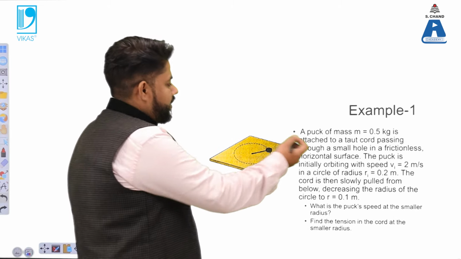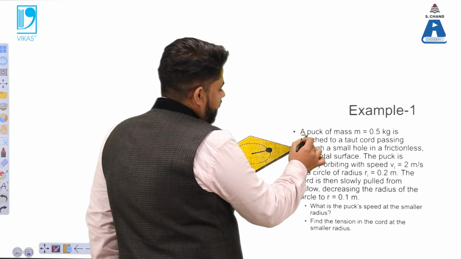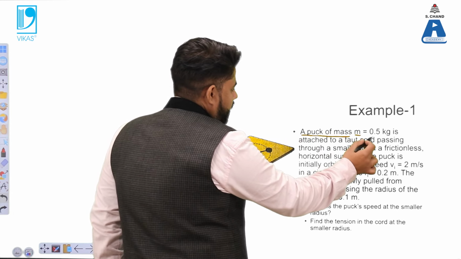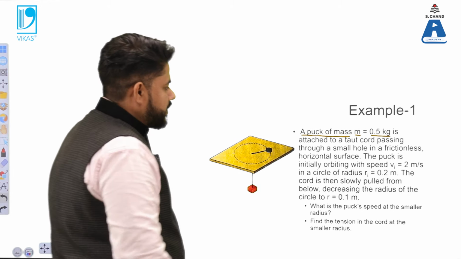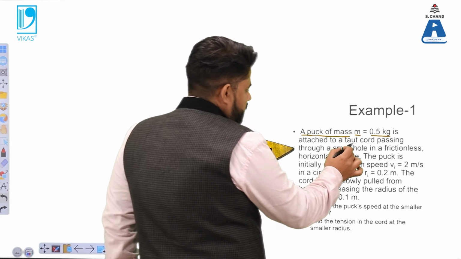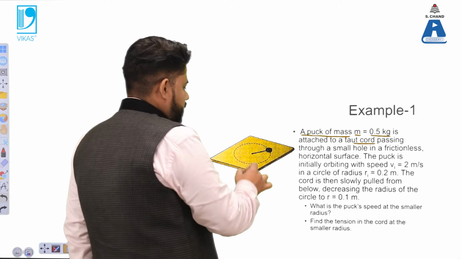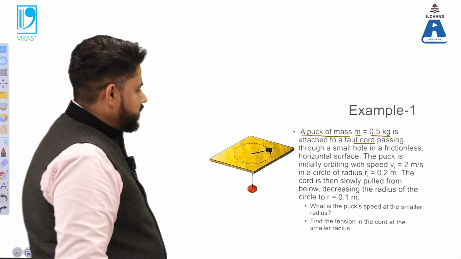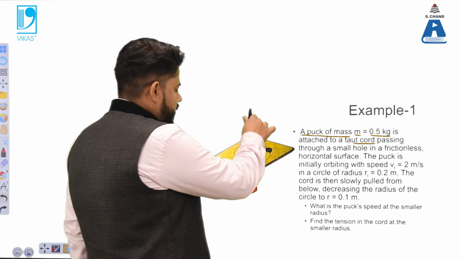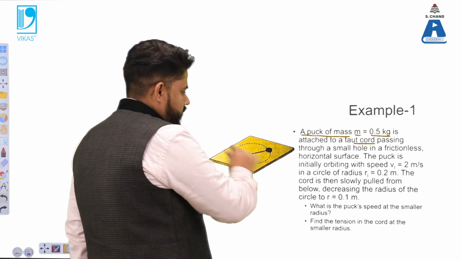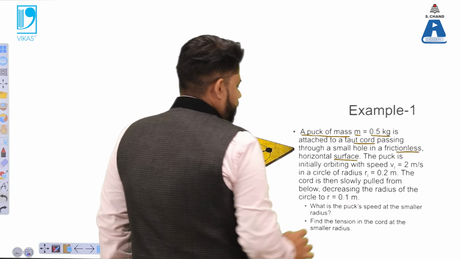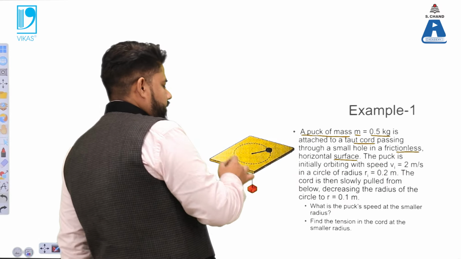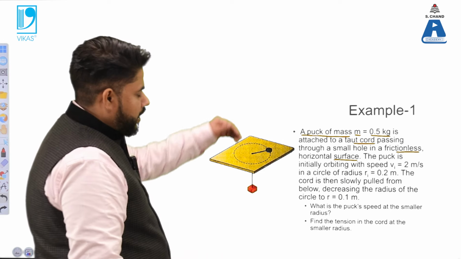I'm reading the question. It is mentioned that a puck of mass m, having a value of 0.5 kg, is attached to a taut cord. This taut cord is passing through a small hole in a frictionless horizontal surface.